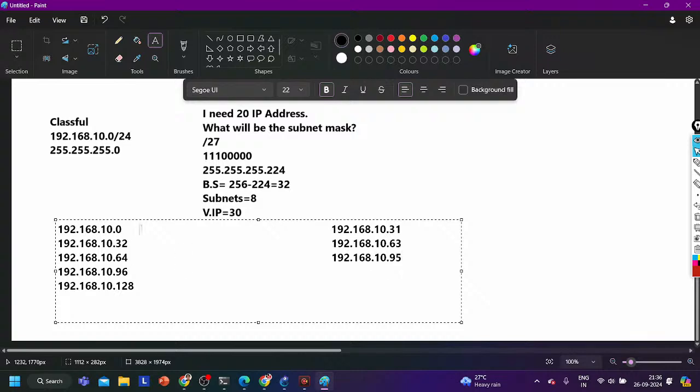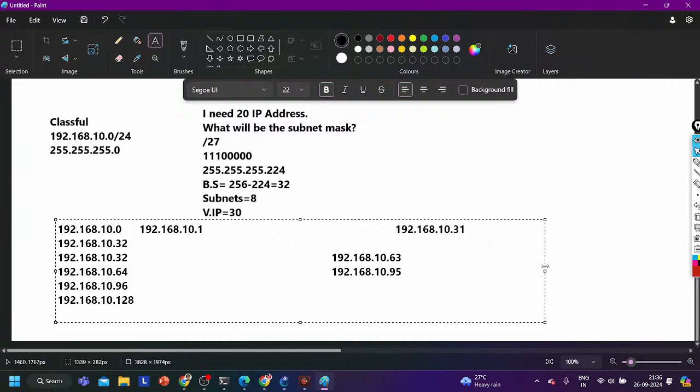The first valid IP address of the second subnet: 192.168.10.33. Yeah, sorry.